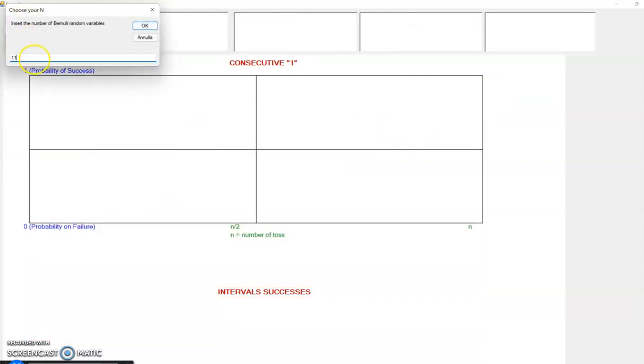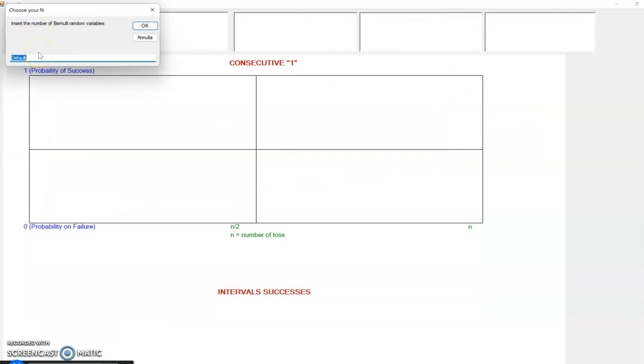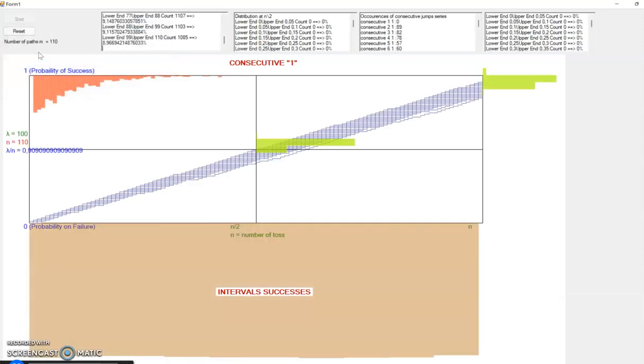In this case, for example, there are a lot of consecutive successes, and the distribution is growing. For example, if I put 100, the random walk is quite significant to the success, because in every step there is a huge probability of success. This is the C# code regarding this exercise.